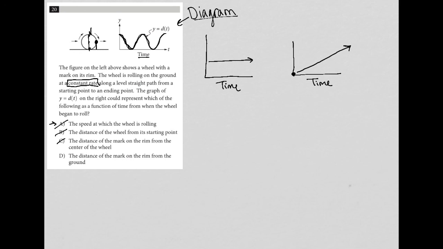And then eventually it'll be down actually on the ground, and then it'll start to make its way away from the ground again. So that one makes a lot of sense, right? Because that means that the high point here is when it's furthest from the ground, and the low point here is when that point is actually on the ground or touching the ground. So choice D is the best answer.